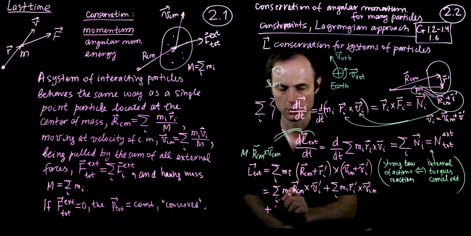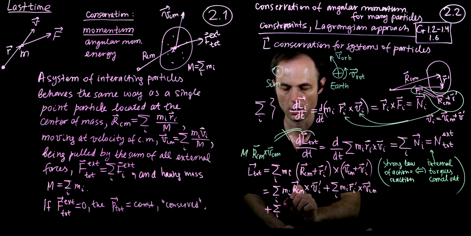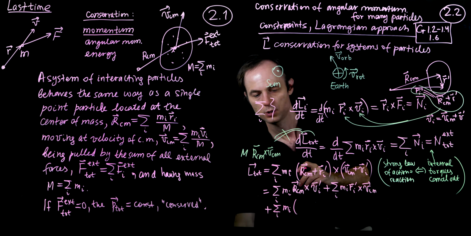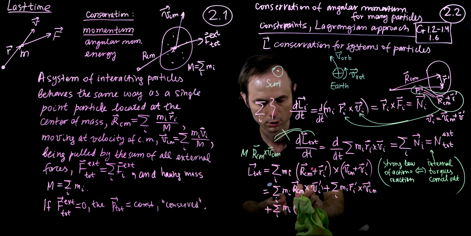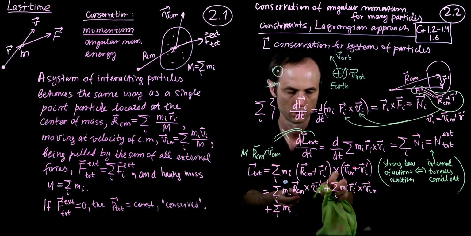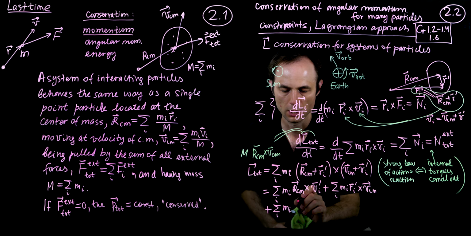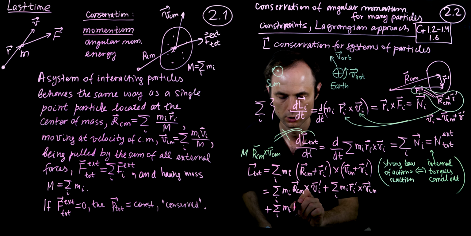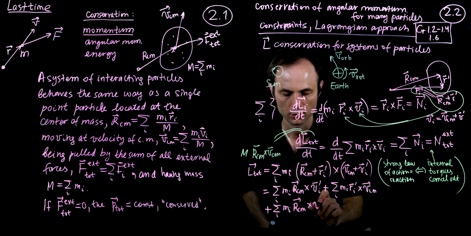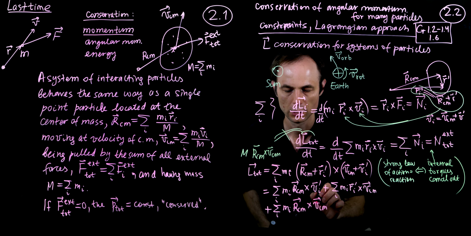And then there will also be two other terms, Mi times RCM cross VCM.